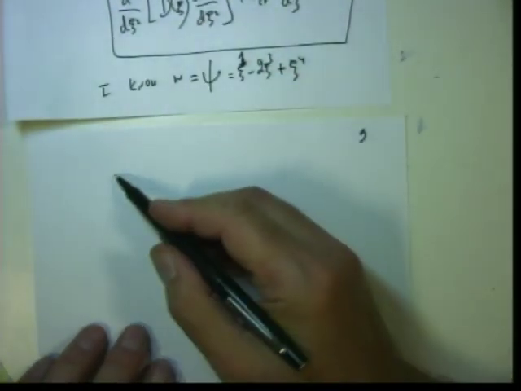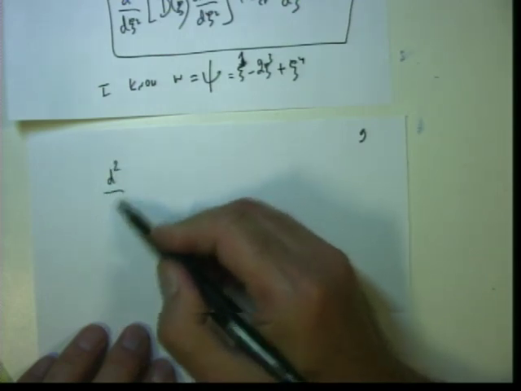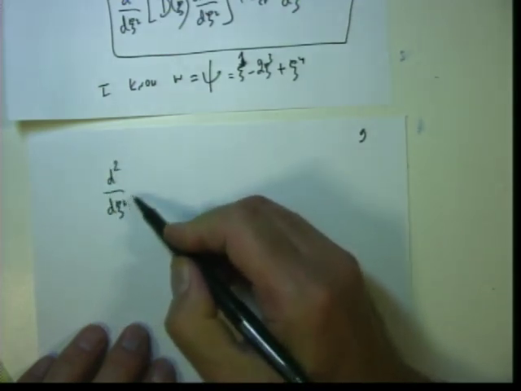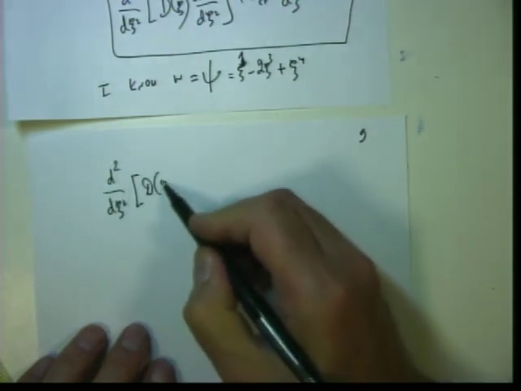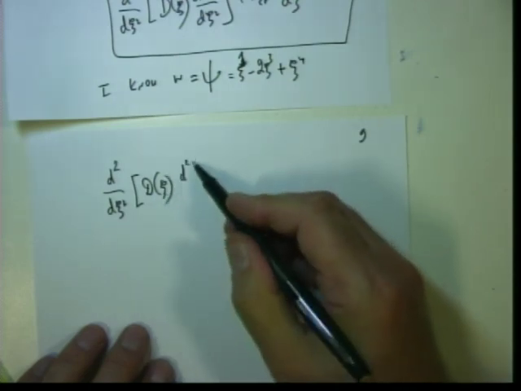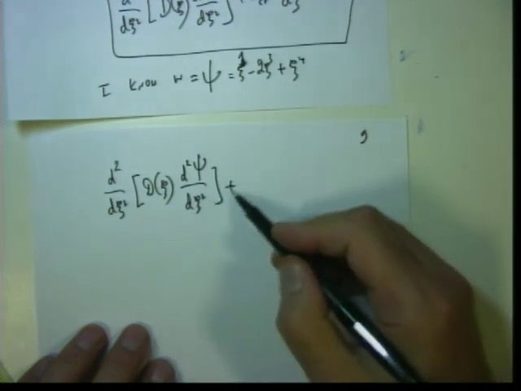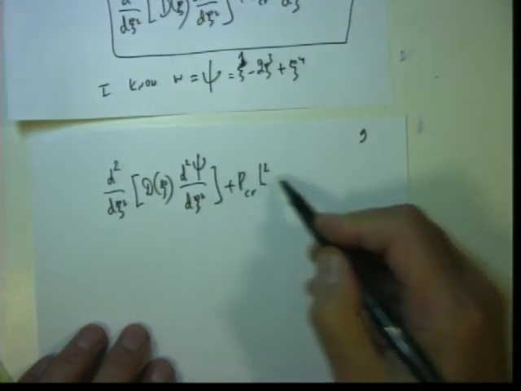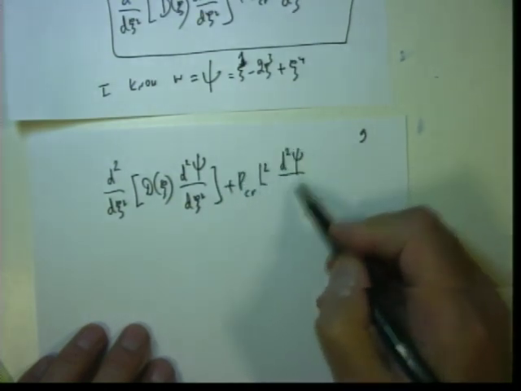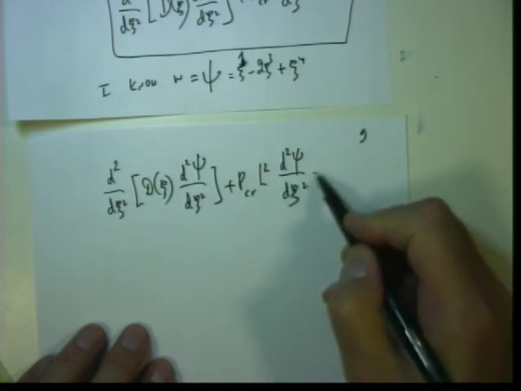This means that actually my equation is like this: d2/d xi squared of D of xi d2psi/d xi squared, plus P critical L squared d2psi/d xi squared equals 0.